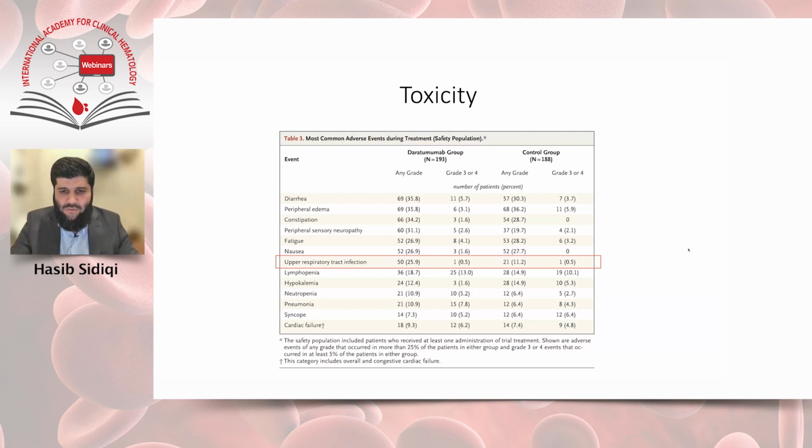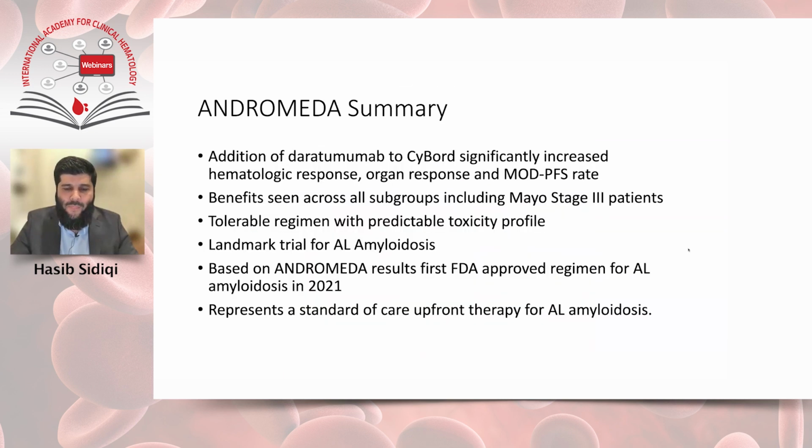Particularly significant given we still have significant viral infections, including COVID, in some areas that are prevalent. I think something to keep in mind in a cohort of patients that, again, may have underlying comorbidities, underlying organ dysfunction, where these infections may become more significant.